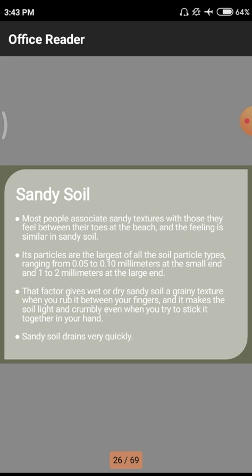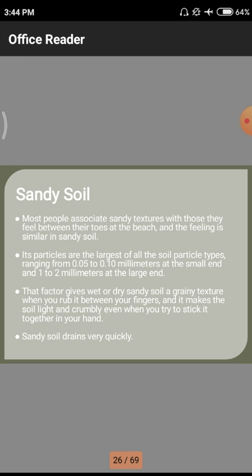Among all those, the particle sizes range between 0.05 to 0.10 millimeters at the small end and 1 to 2 millimeters at the large end. At the large end we sometimes have 1 to 2 mm stones, and small particles also occur in sandy soils because of the erosion of rocks and other strata.